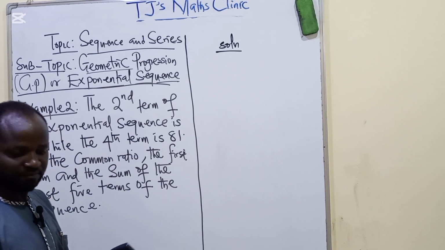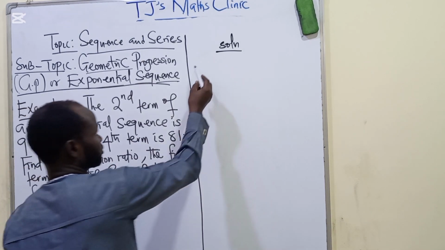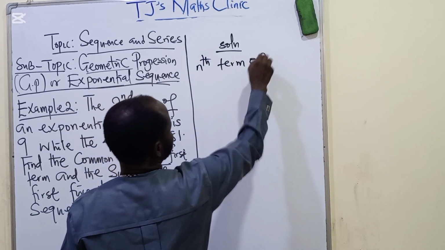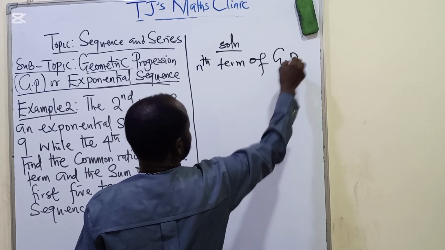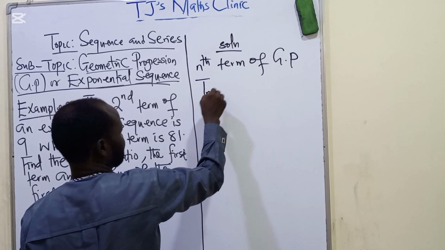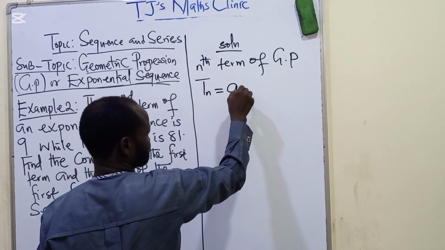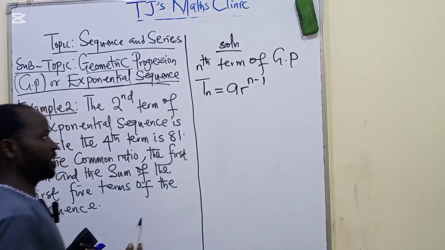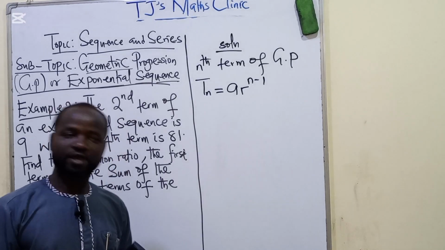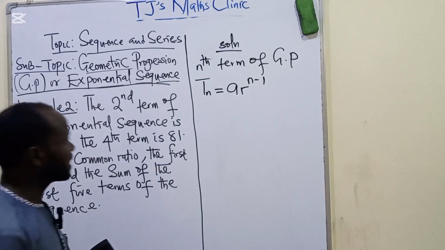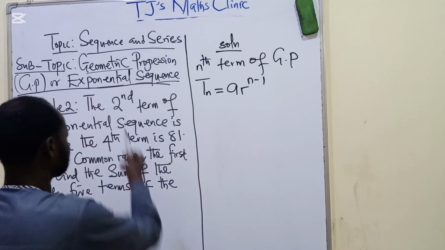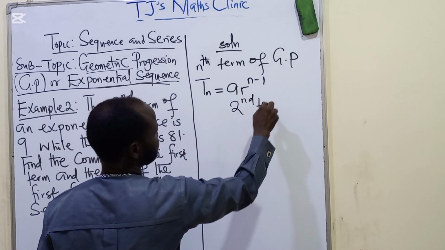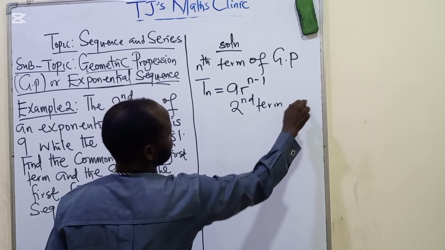The nth term of a GP is given as Tn equals A, that's the first term, multiplied by the common ratio R power n minus 1, where n is the number of terms, A is the first term, R is the common ratio.